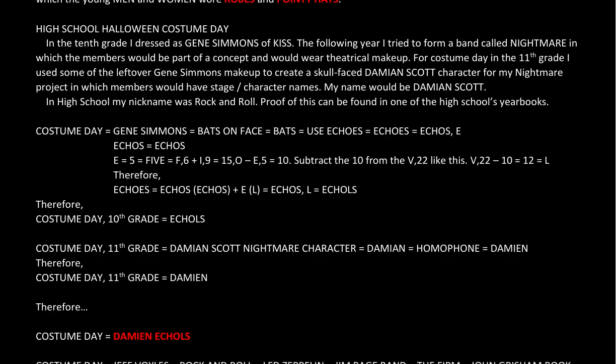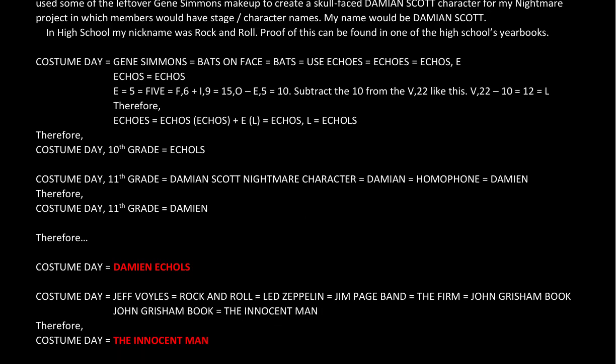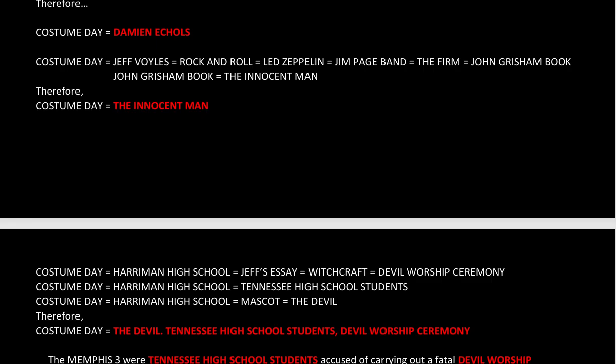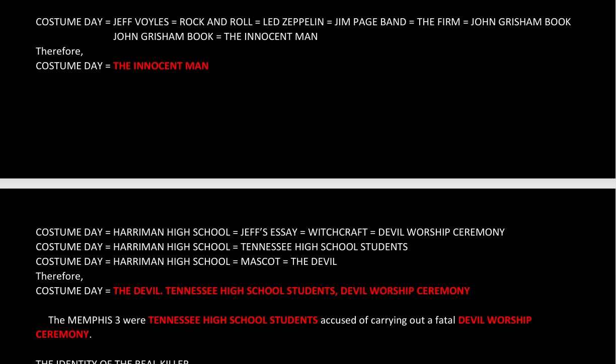So 10th and 11th grade translate to the name Damien Eccles, and 12th grade I did an essay on witchcraft. Witchcraft is what they used to put Damien Eccles in prison, claiming that he was carrying out witchcraft rituals, and it ended up in the death of these kids. All right, costume day.